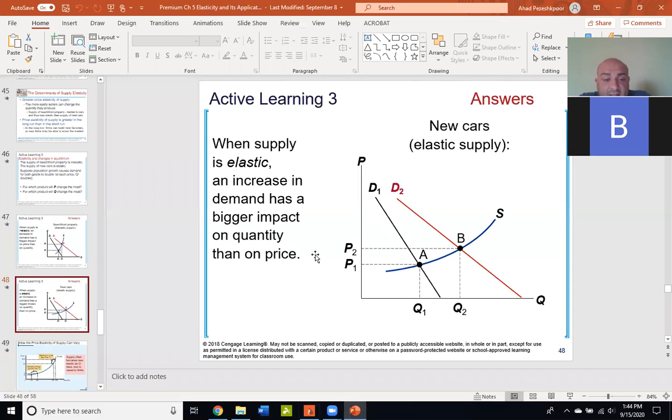When supply is elastic, an increase in demand has a bigger impact on quantity than on price.